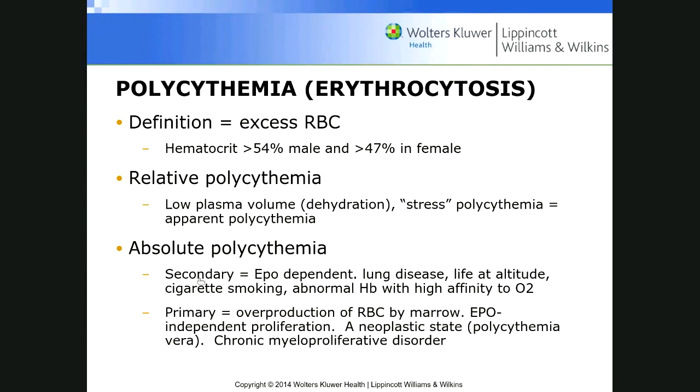Secondary is EPO dependent. I mean that people get polycythemia, but you can also see their EPO in the blood is very high. There are some that are lung disease. Actually, we're going to talk about this next time. This is known as paraneoplastic syndrome. Paraneoplastic syndrome means that cancer cells put out EPO.